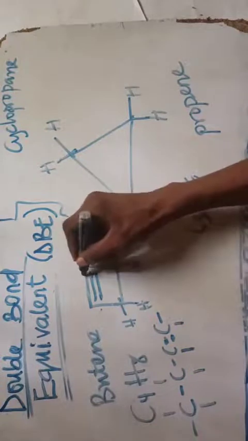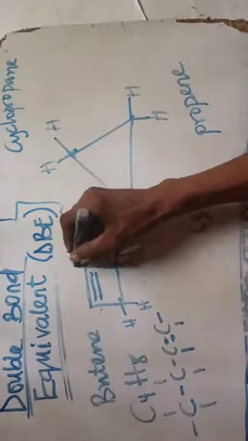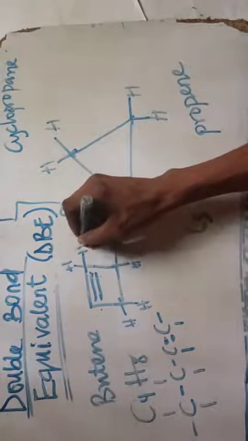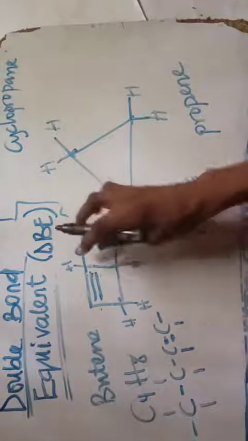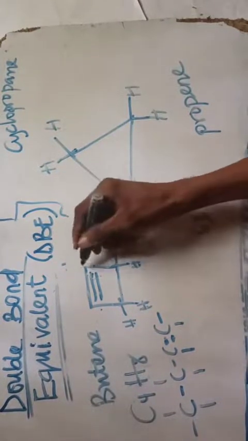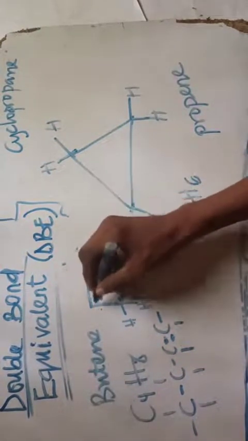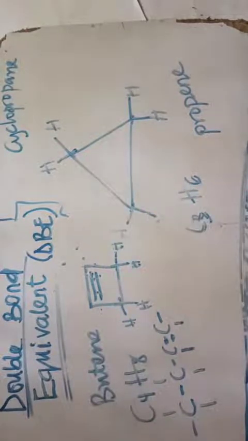Oh, sorry, this is not correct there. So this is just 1, 2, 3, 4. Correct. 1, 2, 3, 4.